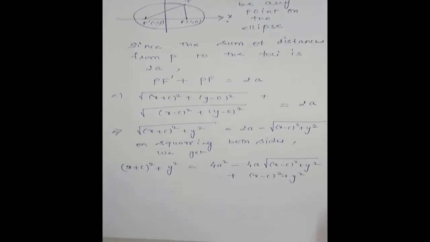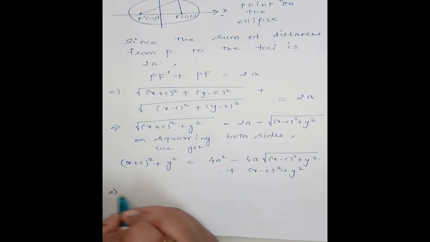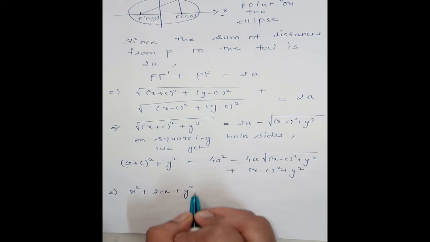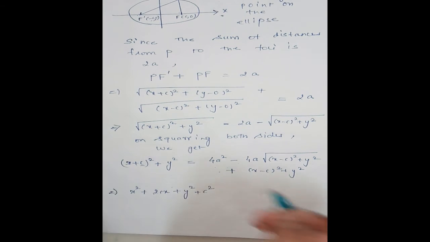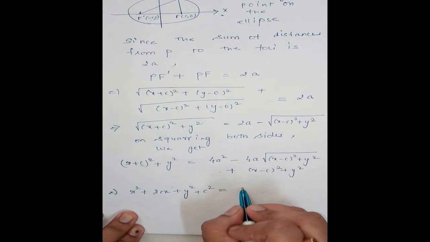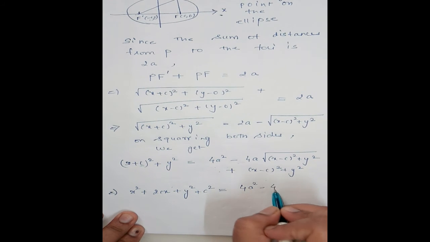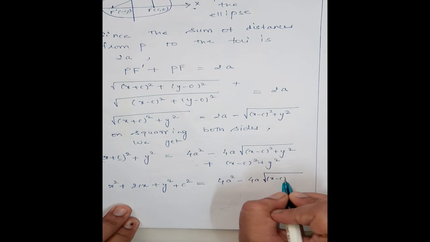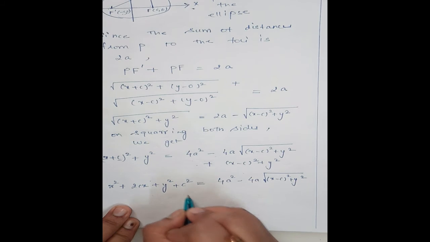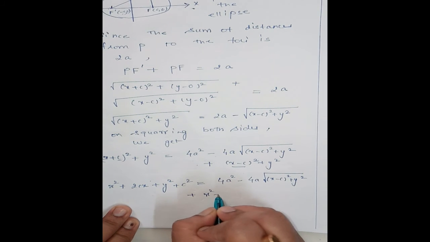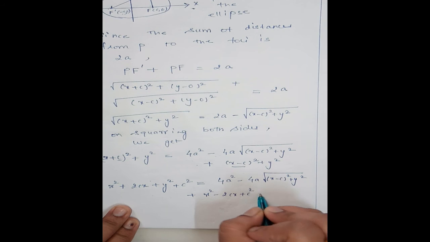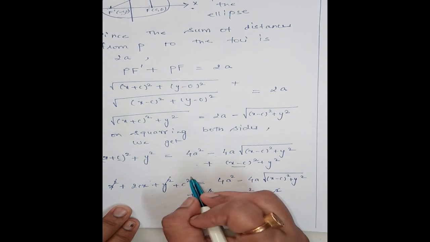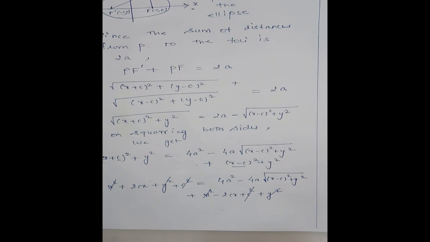Now this is x square plus 2cx plus y square plus c square is equal to 4a square minus 4a into square root of (x minus c) whole square plus y square, plus x square minus 2cx plus c square plus y square. Now this x square, this y square, this c square will get cancelled out.